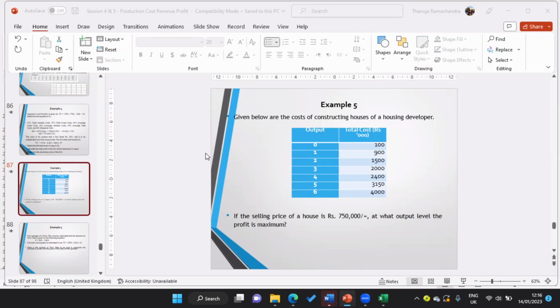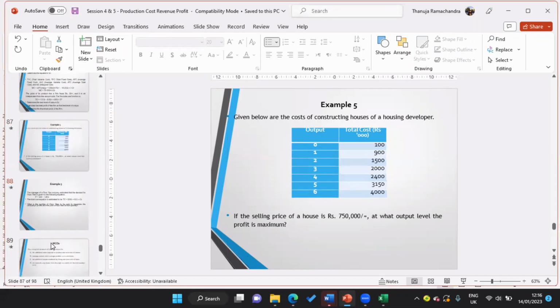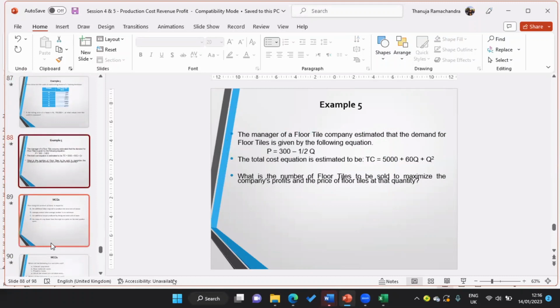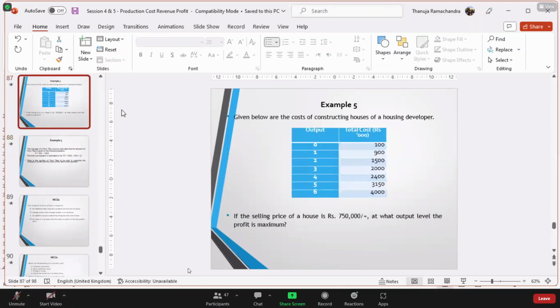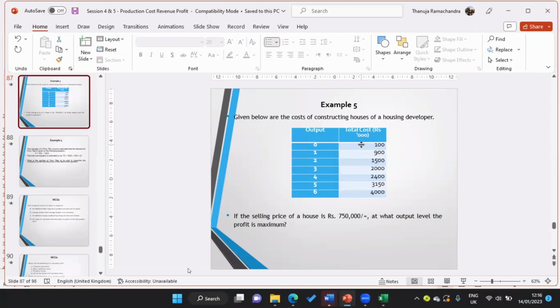Actually, this is 100,000. Which one, madam? The total cost is 100,000. Yeah, you can see up there, no? It is in thousands.